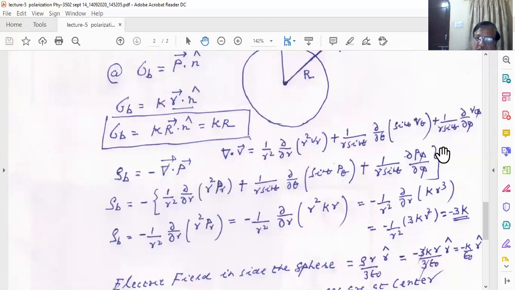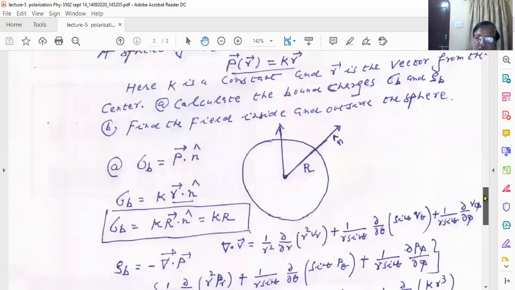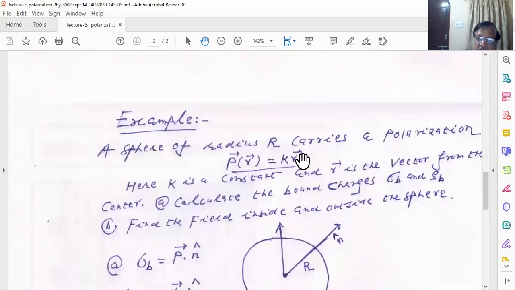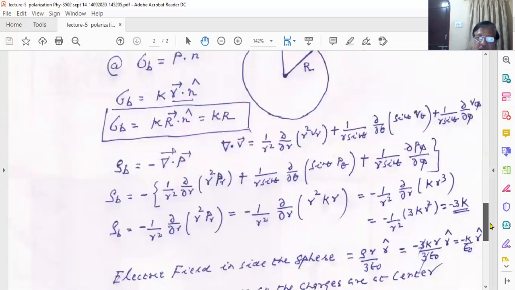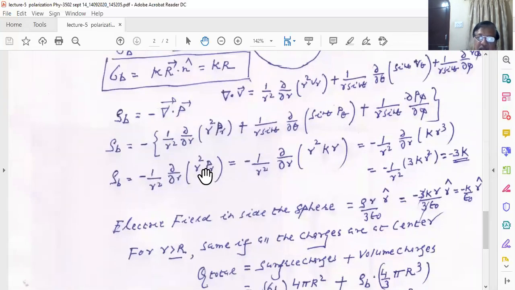For the radial part of the polarization, P of r is kr in magnitude form, so I write P_r is kr. Here you have r square times kr, so it is kr cube. So minus 1 upon r square, and del by del r of kr cube is 3kr square.